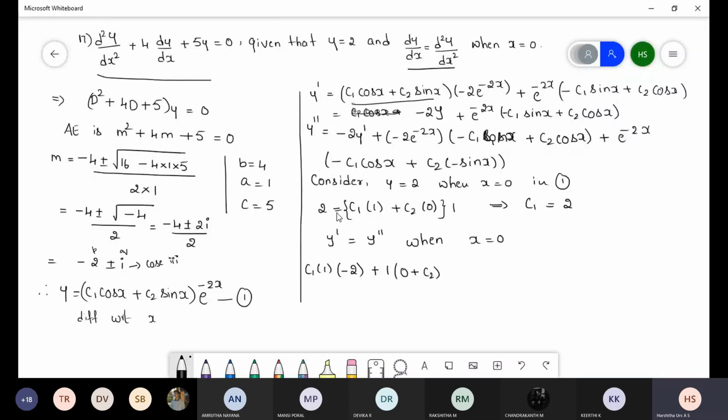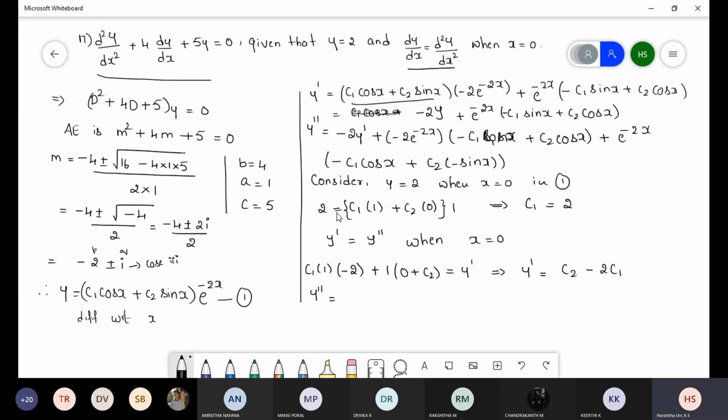This is the value for y dash. This implies y dash is equal to C2 minus 2C1.